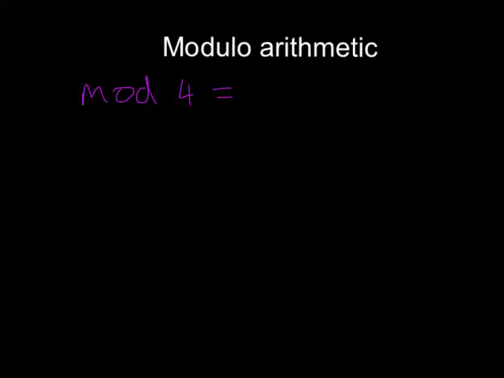You'll either have no remainder, or 1 remainder, or 2, or 3. They're the only 4 possible outcomes you can get in this particular mod 4. So these 4 numbers are what we'd call the residues for mod 4.